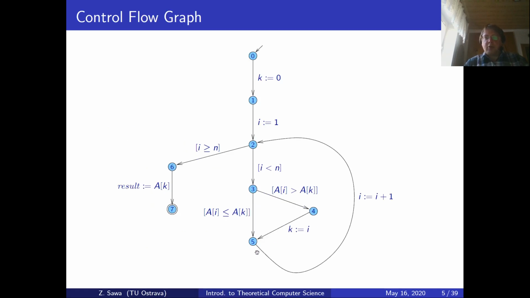I will do it at a very high level of detail. This is not typically done in practice when we do it by hand, or by some kind of computer tool that would check these invariants.